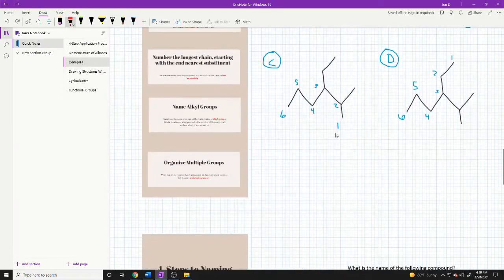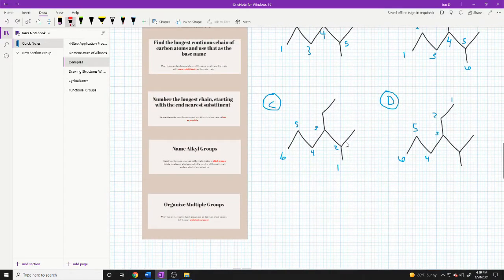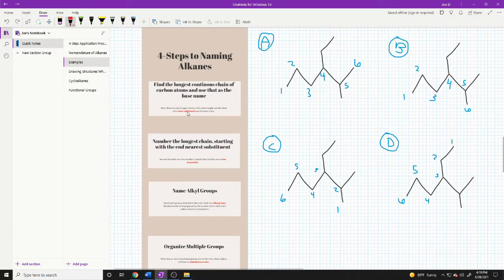Now if we look at the example C, the substituent is on carbon 2, which is this one right here, as well as carbon 3, which is this right here. Now example D does have a substituent on carbon 3. However, this is wrong in the sense that it's not the correct way to number it, just because it violates the first rule of having more substituents.